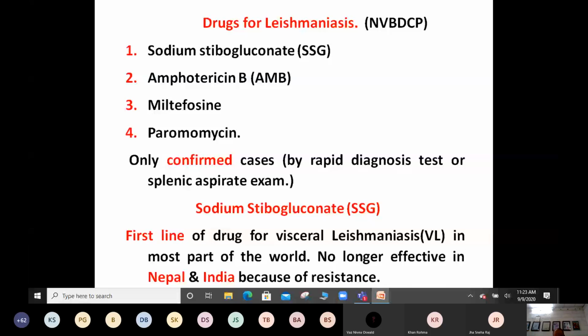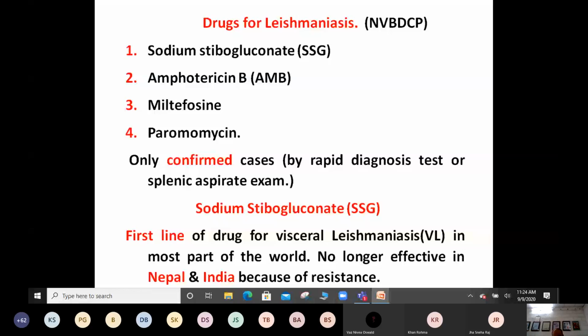The parasite got resistance against this drug. The inhabitants of Nepal and India don't respond to this drug. In the rest of the world, this is the drug of first choice.